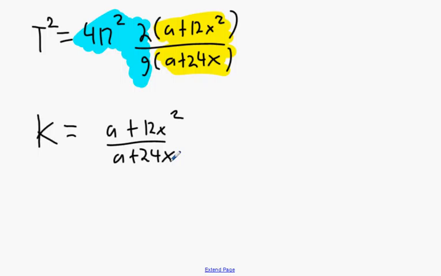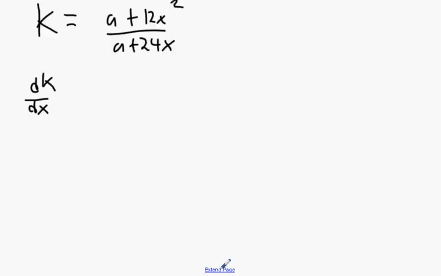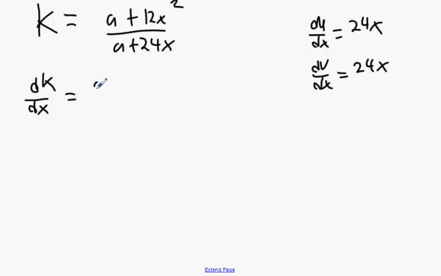It has the same values for maximum and minimum as the periodic time. So we're going to differentiate once, dK/dx, using the quotient rule. The u dx is 24x, v dx also 24x.